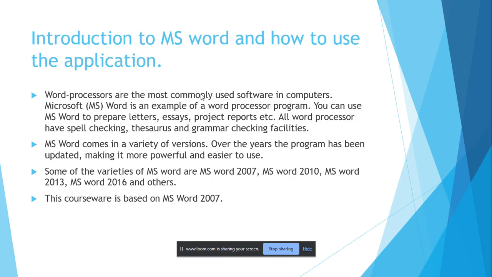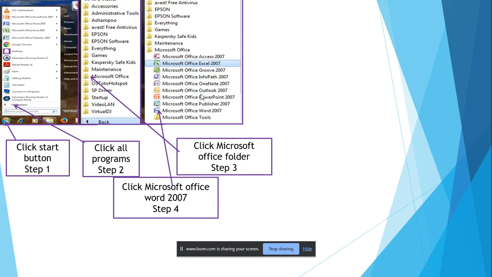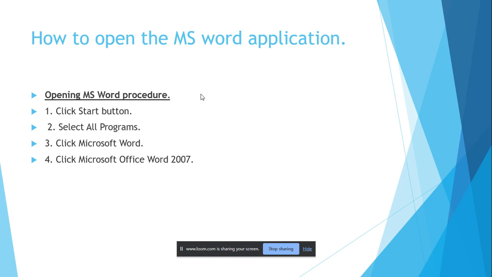Now, let me go direct on how to open the Microsoft Word application. I've done an illustration, as you can see on my next slide, but let me first go back to this slide.